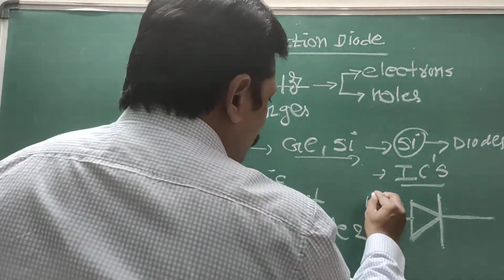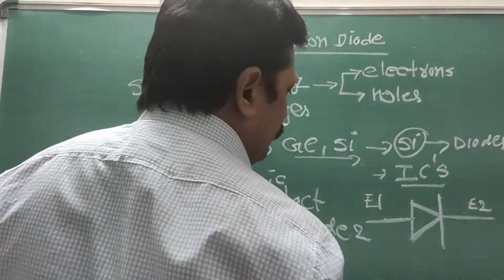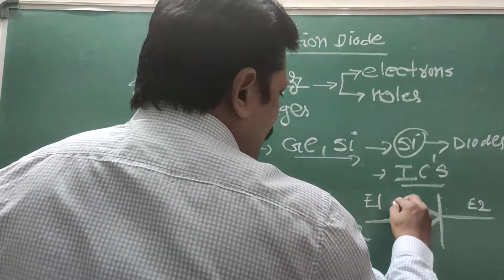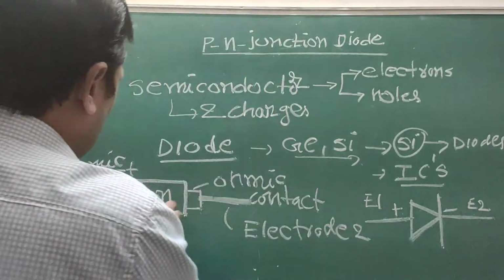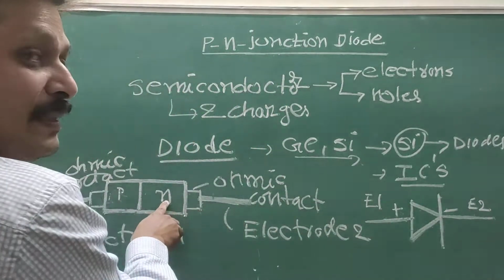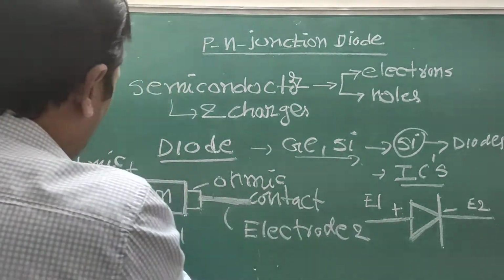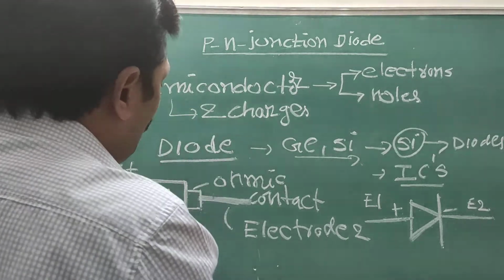This is electrode 1 and this is electrode 2. The electrode 1 side is named as positive and the other side is named as negative, because positive describes the P side and negative describes the N side. That is the alternative equivalent form.